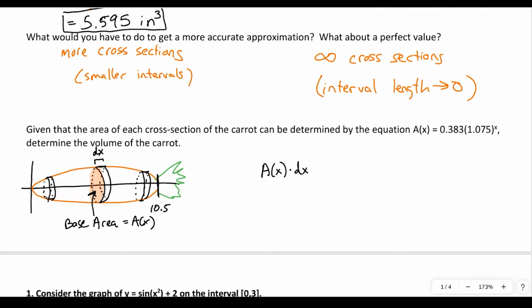All of these disks are going to be between 0 and 10.5. So to sum up all the disks between 0 and 10.5, we can set up a definite integral just like this. And what this will do is give you the total volume.